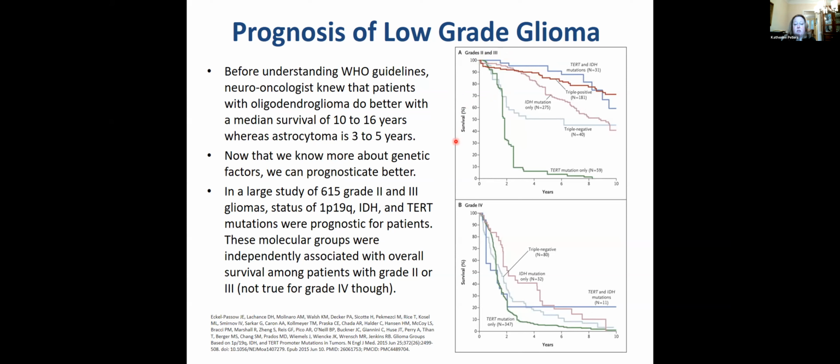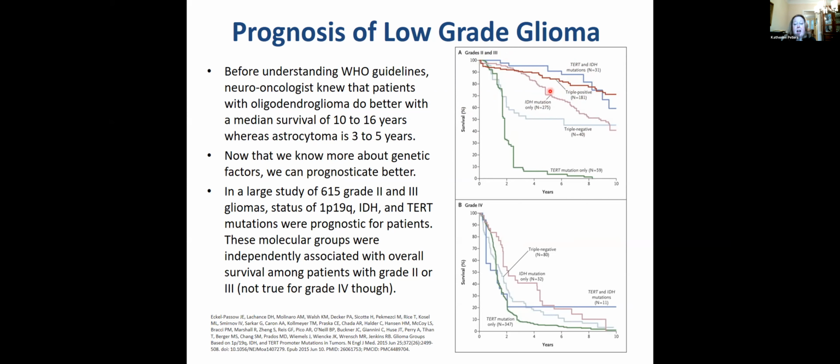And they looked at survival using Kaplan-Meier analysis and based it on the mutations of those tumors, whether they had TERT mutations and IDH mutations, whether they were triple positive, that means adding in the 1p19q co-deletion status, IDH alone, whether they were triple negative, or had that TERT mutation alone.